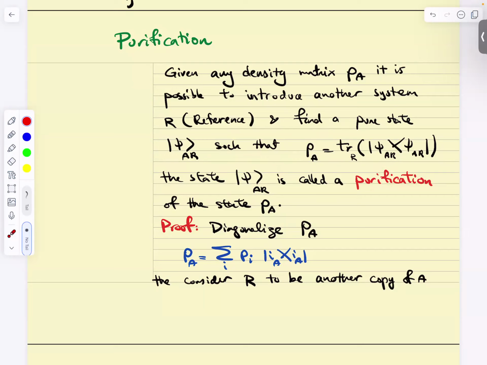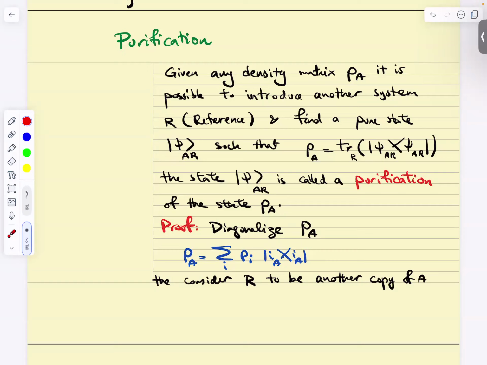The proof is by construction. Trivial, right? So let me say what I do. I have a density matrix of this room. I first diagonalize it. It looks like this, right?